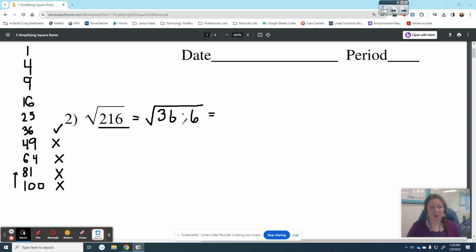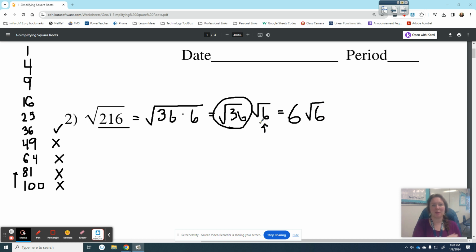Now, the rule of roots is that because they're being multiplied together, I'm allowed to split them up. Square root of 36 times the square root of 6. Again, it's that invisible multiplication. And then the square root of 36 is a perfect square, so I simplify it to just the number 6, and then root 6, because same as last time, square root of 6 is not a pretty number, so I cannot simplify that any farther.